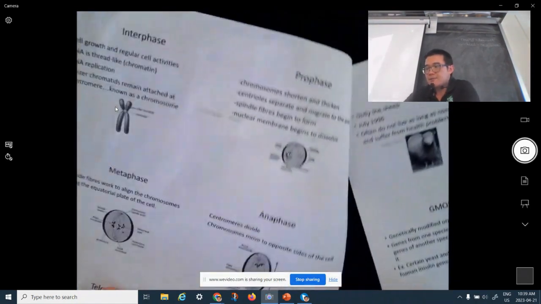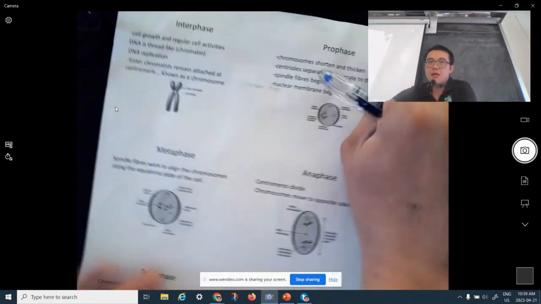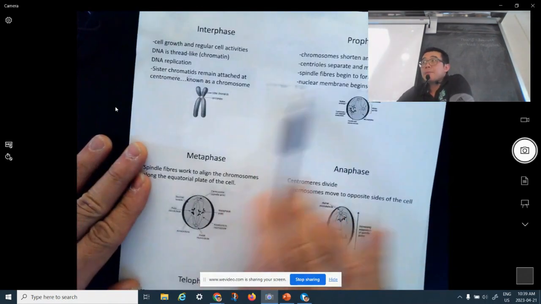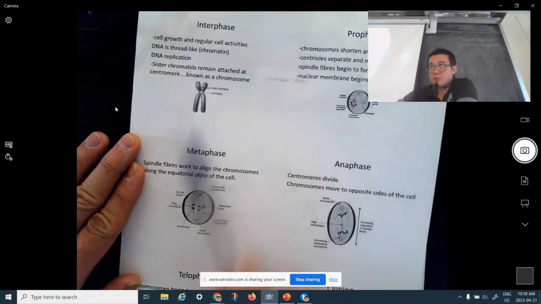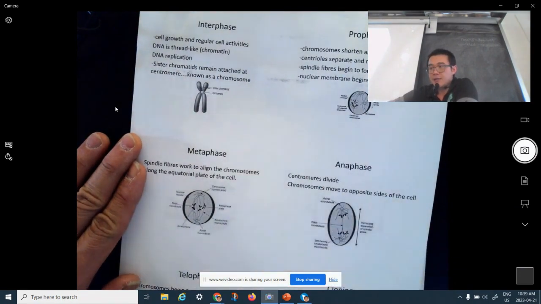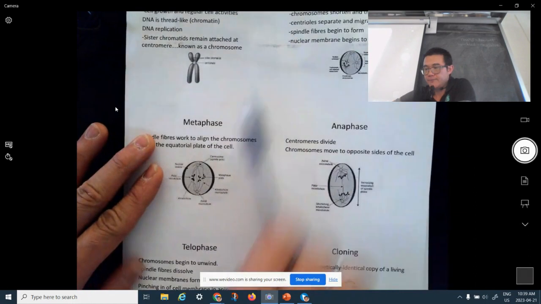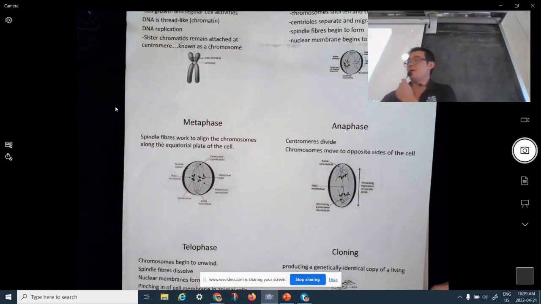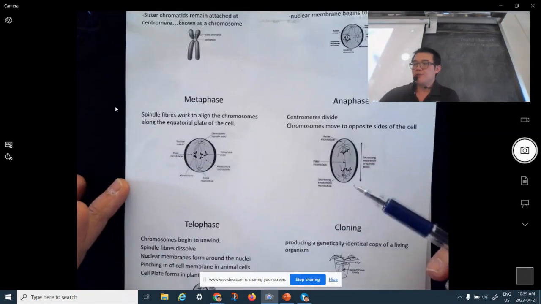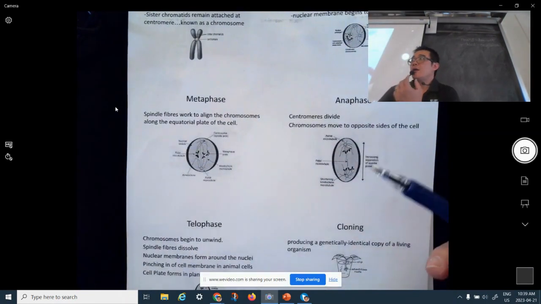The key things are interphase, cell cycle, and mitosis. That's the main part of it.